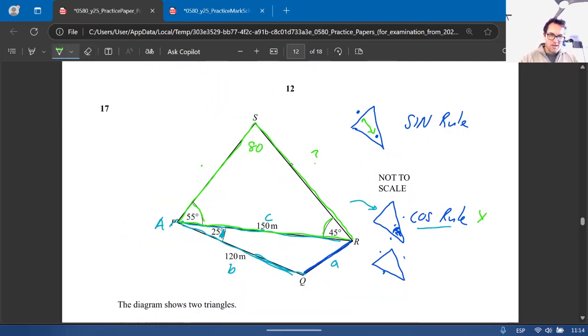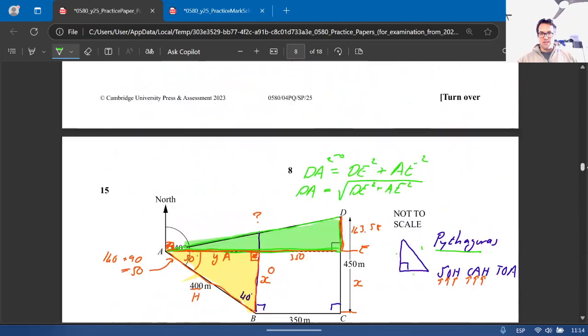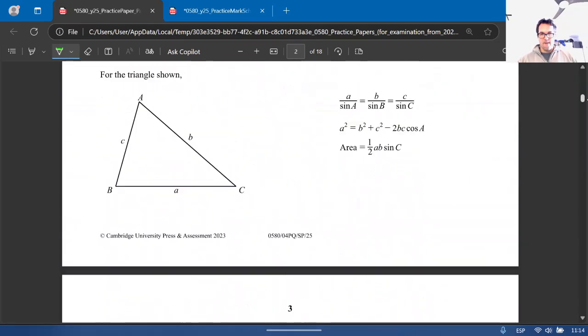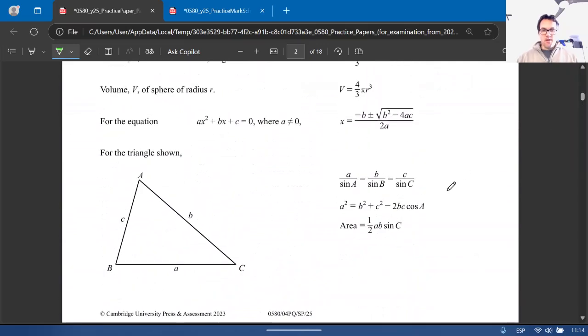Now we've got the angle and the opposite side, so we can use the other angle we have and the opposite side to work it out. Okay, so we know we're going to use the sin rule. The sin rule is in the formula sheet. They only give one version of the sin rule.